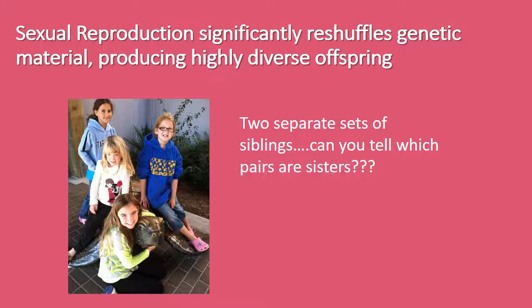To give you a prime example, I thought I would show you a personal picture. Two of the kids are mine, and two of the kids belong to a friend of mine, people that we see at the beach a lot in the summer. Just looking at these four girls, can you figure out which ones are siblings and which are not?